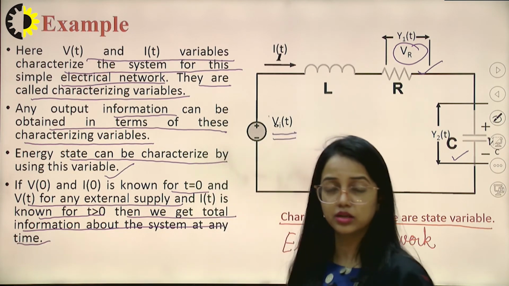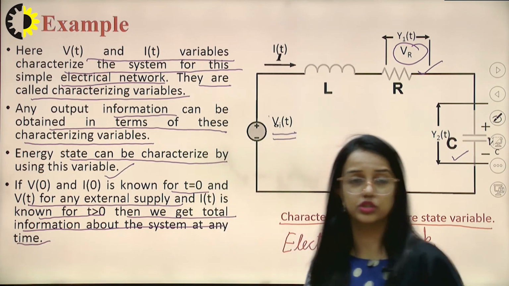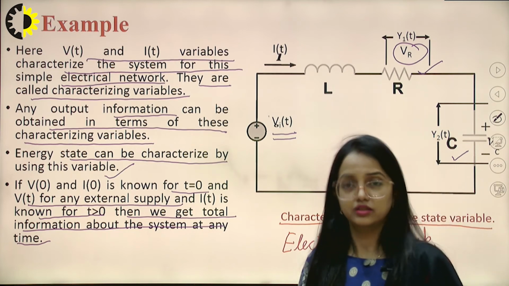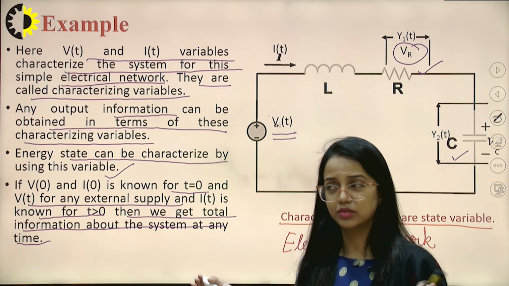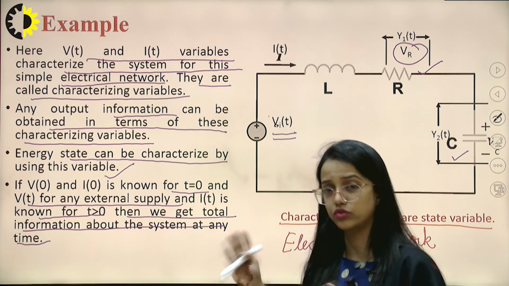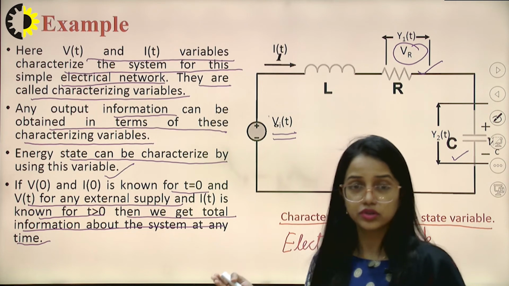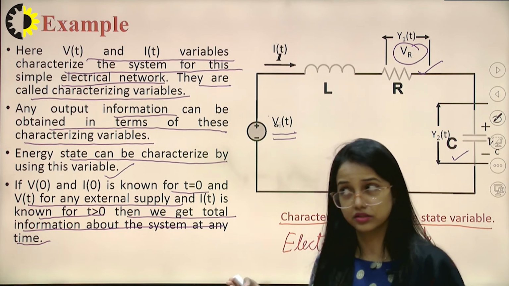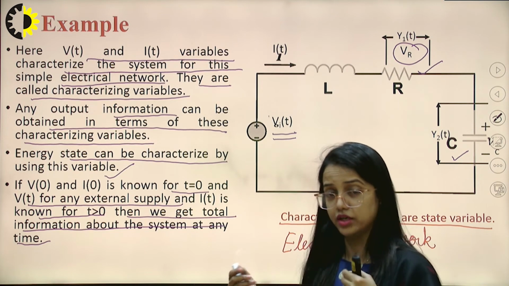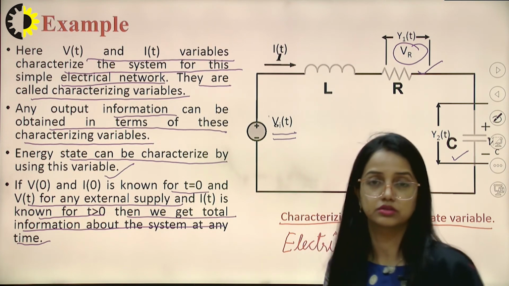So we can get the complete information when we know the initial condition and the values for t greater than 0. So we are completing the entire 360-degree span of this circuit. When the time triggers, like t greater than 0, you should know; t equals 0, you should also know.